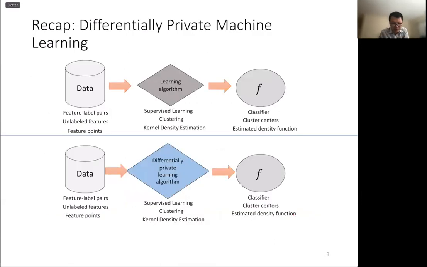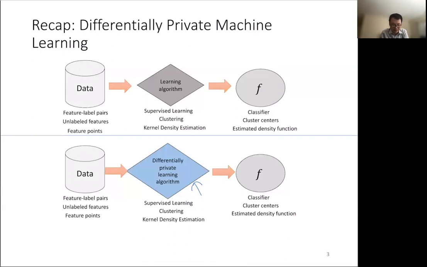So let's start with a quick recap. In differentially private machine learning, compared to standard learning, we now require the learning pipeline to be randomized. So we have differentially private learning algorithms that inject randomness in the learning process. It effectively samples from a probability distribution of classifiers or parameters of these classifiers, so that when we add or remove individual data points to the training data, the output distribution of the classifier will not change significantly.